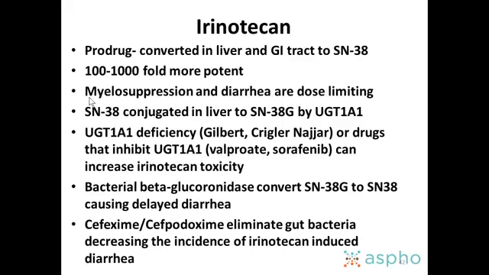SN38 is conjugated in the liver to SN38 glucuronide by the uridine diphosphate glucuronosyltransferase 1A1 enzyme. And there's a big part of the population which actually has UGT1A1 deficiency, and those are patients with Gilbert and Crigler-Najjar syndromes, and they can have inhibited conjugation.